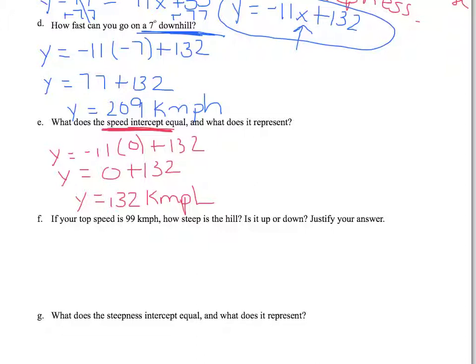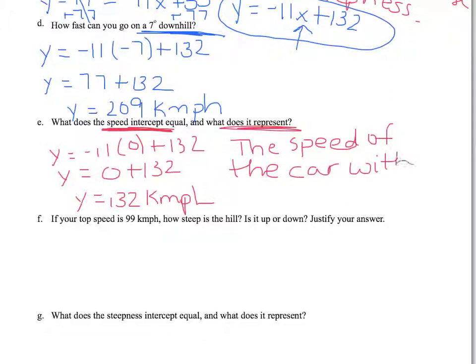What that means is, because we have to say what it represents, the speed of the car with a 0-degree incline. We put 0 in for x, and x is our steepness, so no steepness means you can go 132 kilometers per hour according to this function.